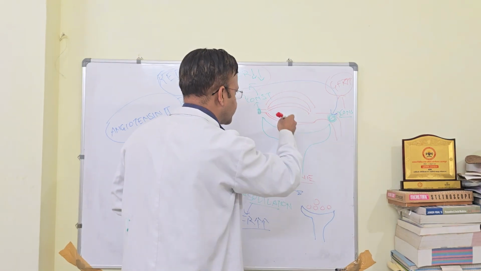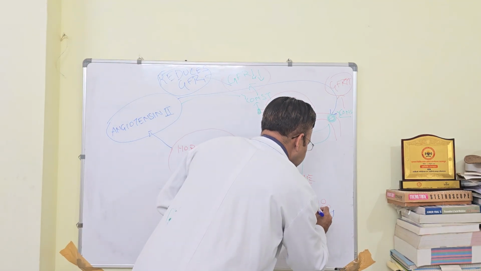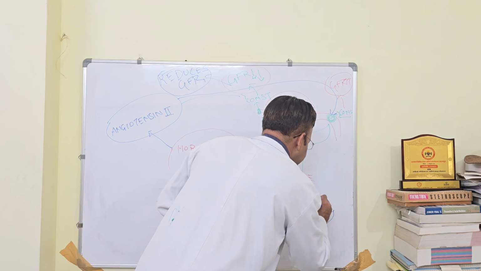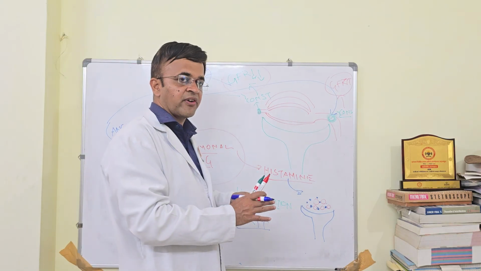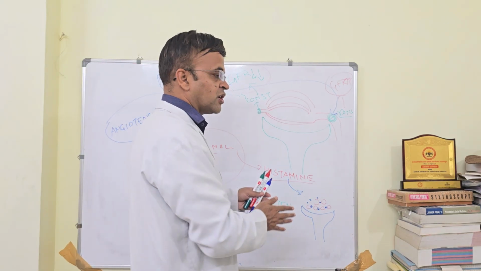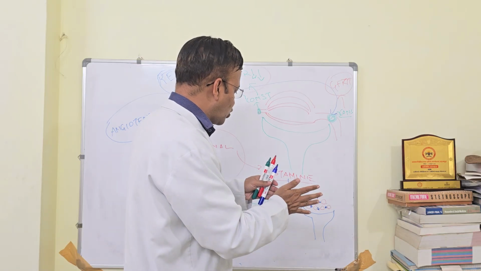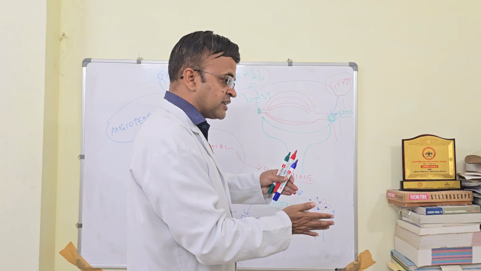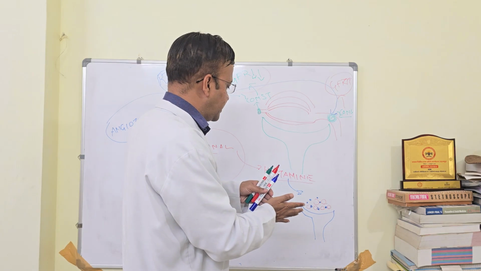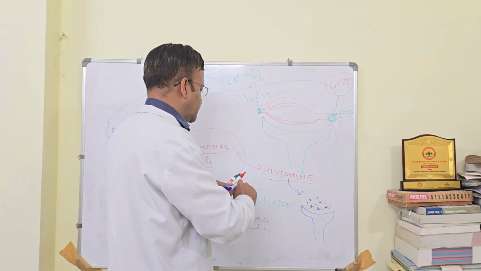I'm drawing the cross section of this. They are glomerular capillaries, and in between you have mesangial cells. They are part of the monocyte macrophage system, right? When these mesangial cells contract, they close some of the glomerular capillaries, and when they close some of the glomerular capillaries, the effective filtration surface area reduces, and this leads to reduction of GFR.